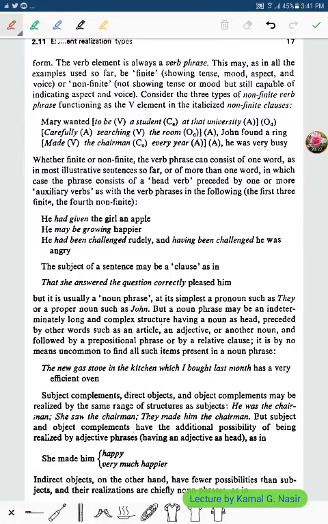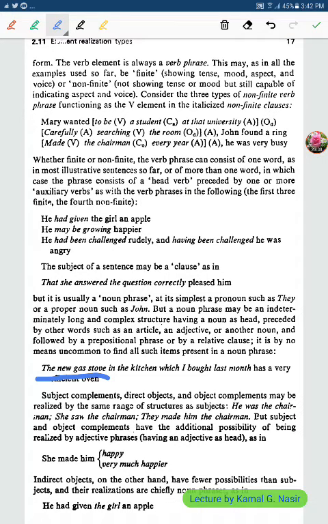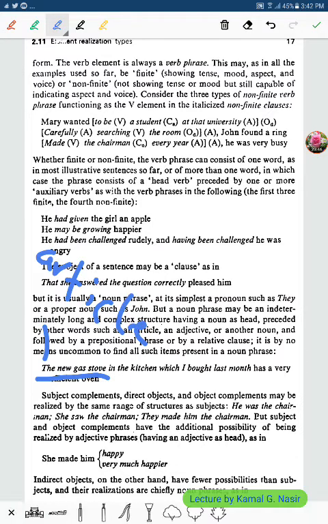Now come to this to see what this noun phrase is made of. It is made of the new gas stove. There is what? Article. Which article? It is definite article.